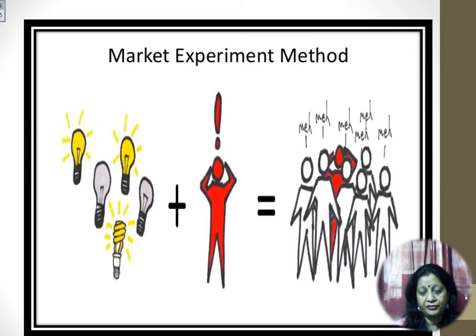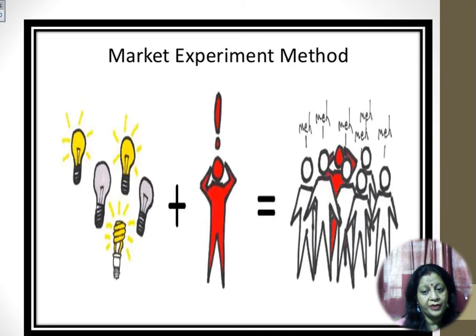For example, if you are going to launch one new sachet of shampoo, so you are going to launch in the form of sachet by free distributing to the consumer, or by giving it free with any of the commodity of yours.